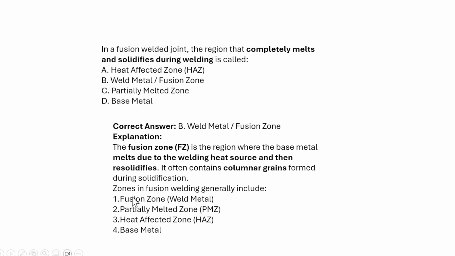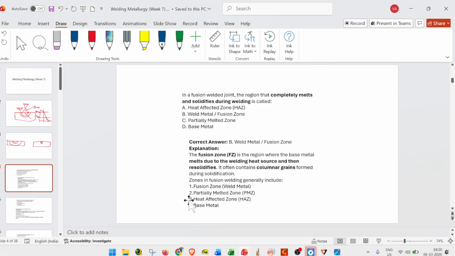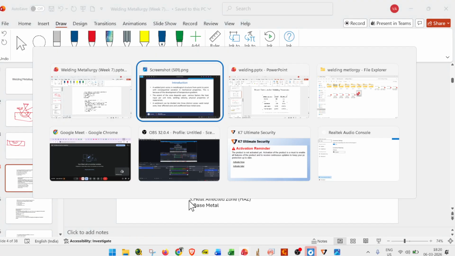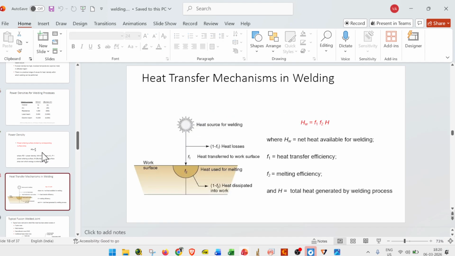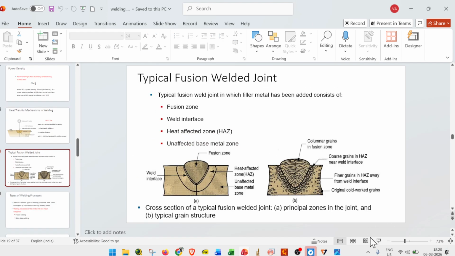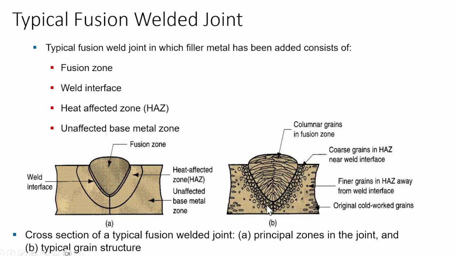The fusion zone is the region where the base metal melts due to the welding heat source, then resolidifies. It often contains columnar grains formed during solidification. This is how the microstructure looks: columnar grains at the weld bead, and coarser grains near the heat affected zone because of the above recrystallization temperature.